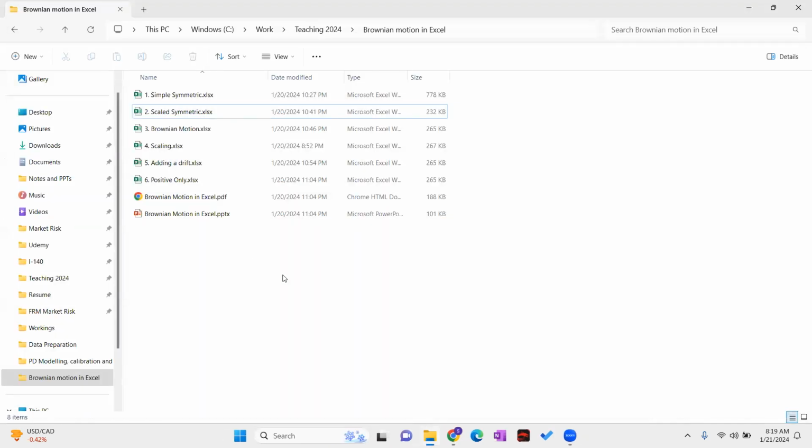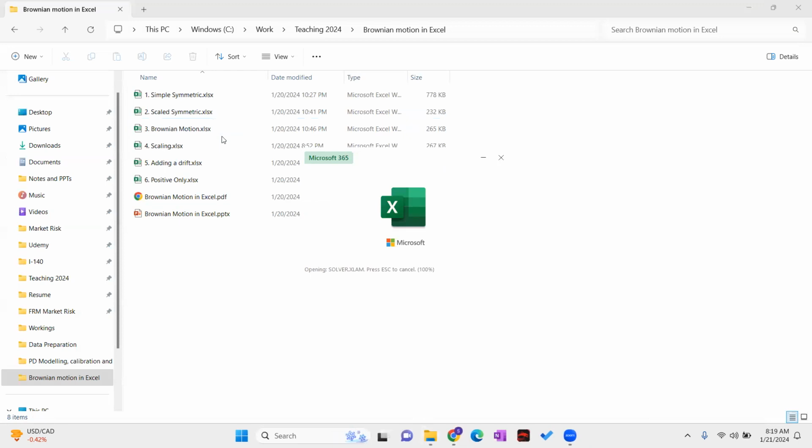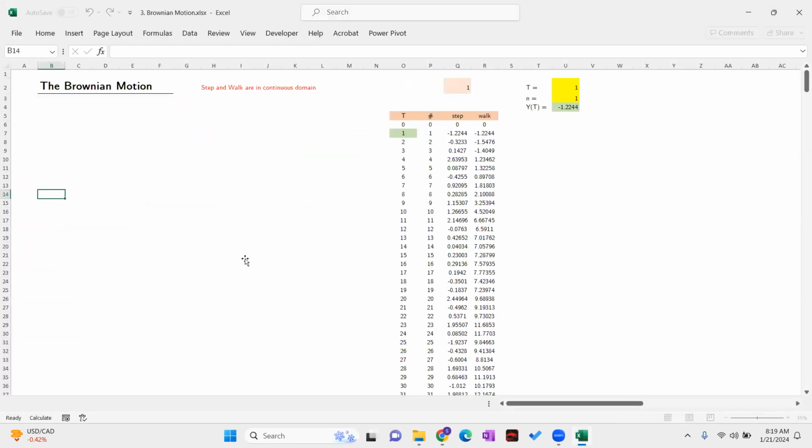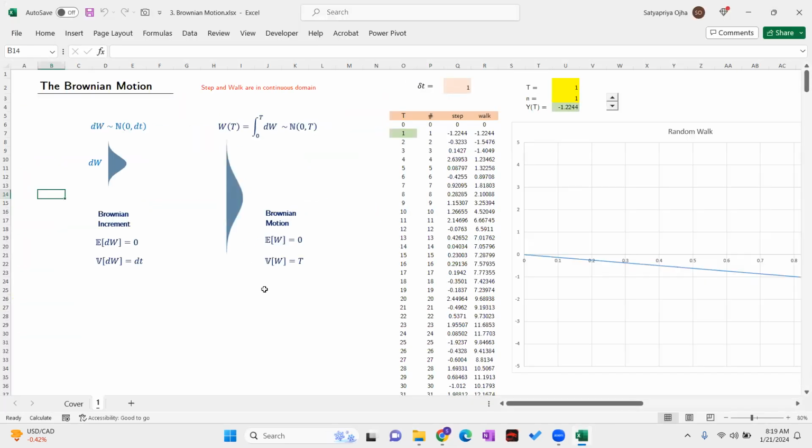Okay, so let me stop this. Let's go to continuous version. Other sheets will be a little faster. Now that we understand all the fundamentals. Okay, so this is where the Brownian motion comes into picture. Now look at this. Our step has become, see, in discrete, we write delta.